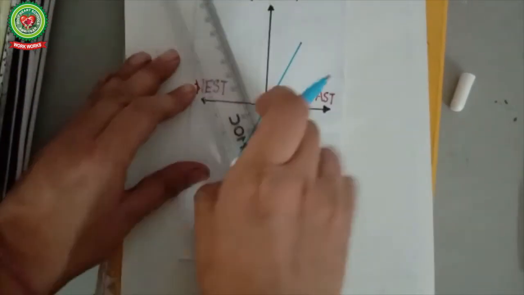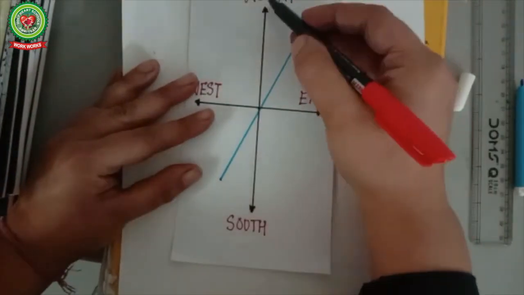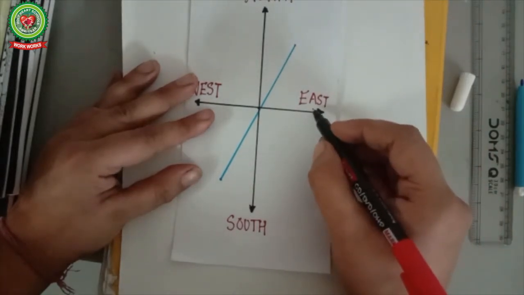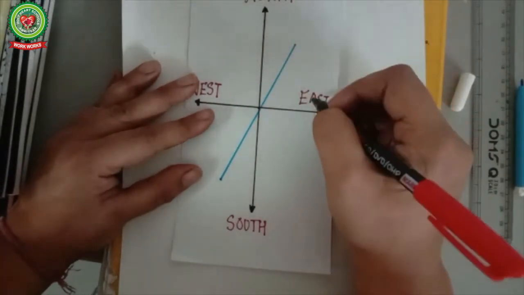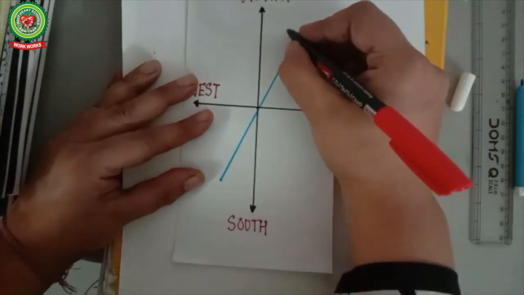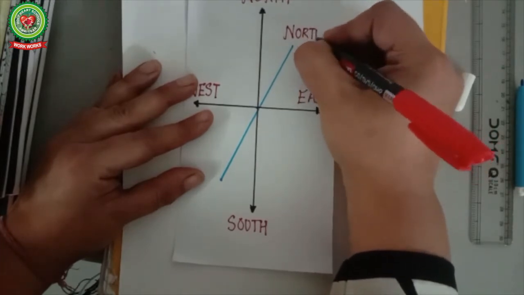Now you can see that here I have drawn a line between the two directions, north and east, right? So in the center of north and east we have another direction, that is northeast.